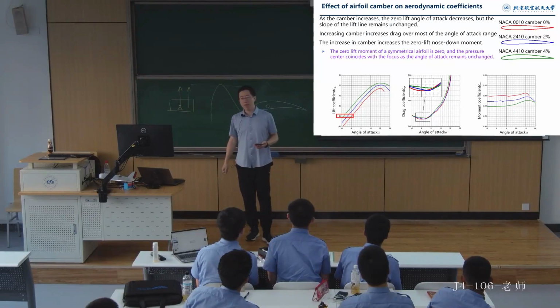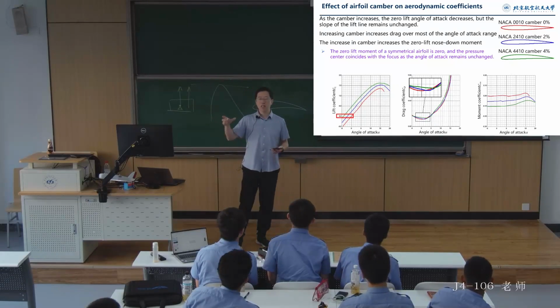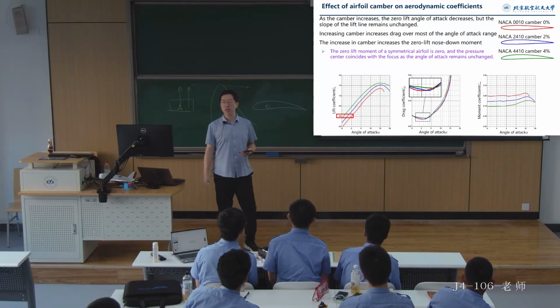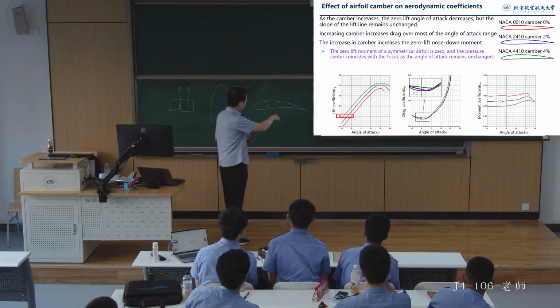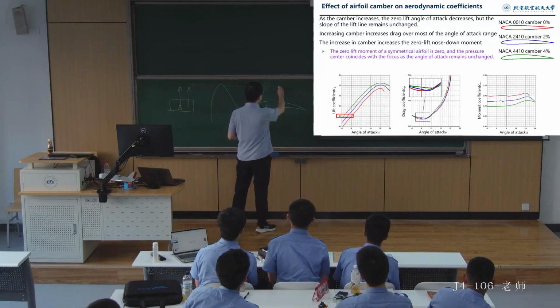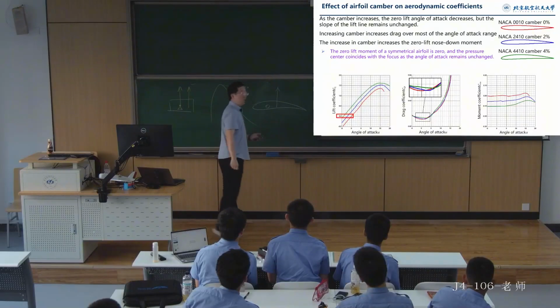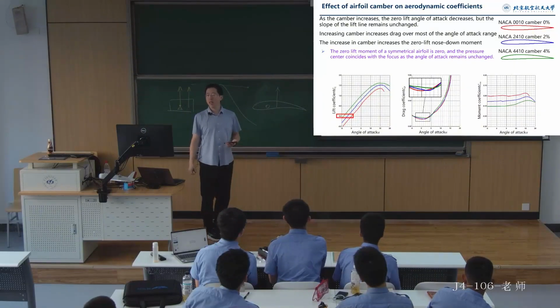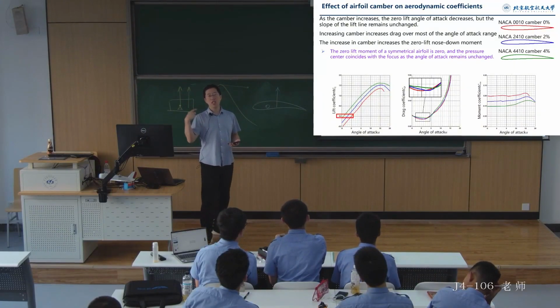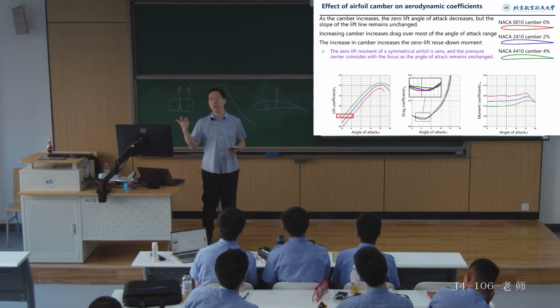What is it? For the aerodynamic center, its moment is constant, right? For small angles, the moment remains unchanged, correct? So, how does the lift change as the angle of attack increases? The lift increases, doesn't it? As the angle of attack increases, the lift increases, but the moment remains unchanged. What does this indicate?